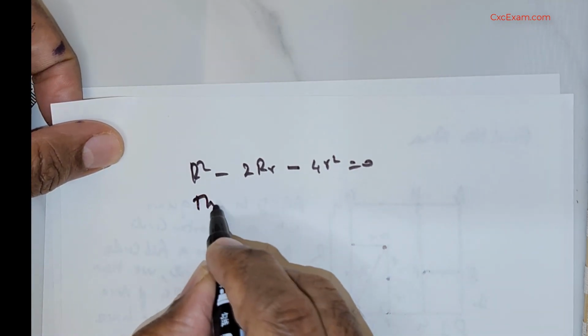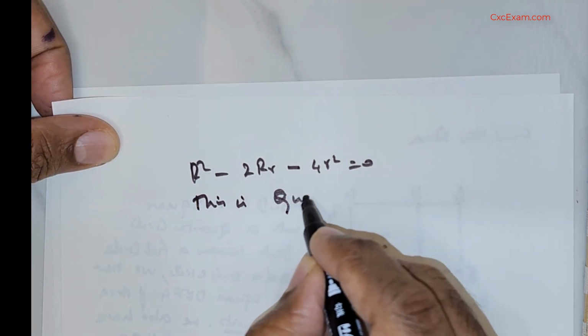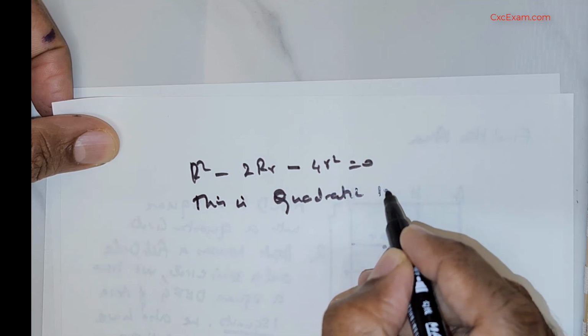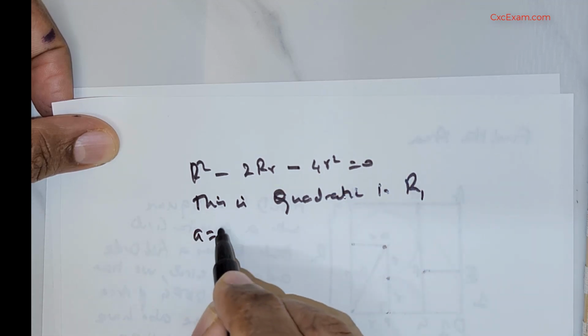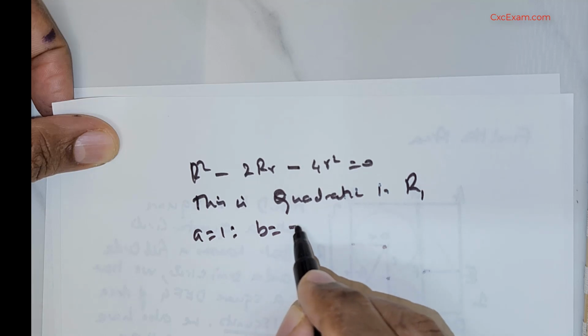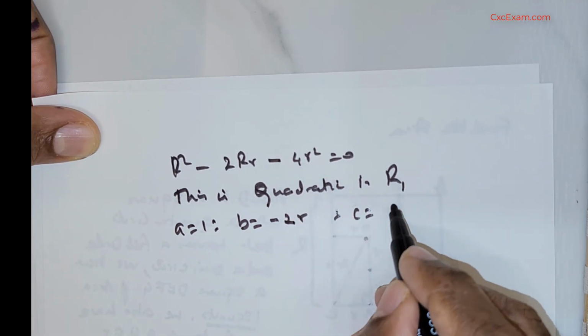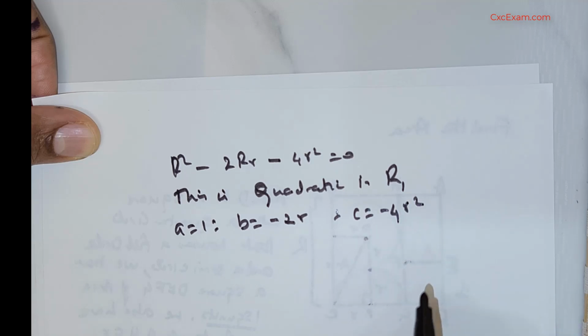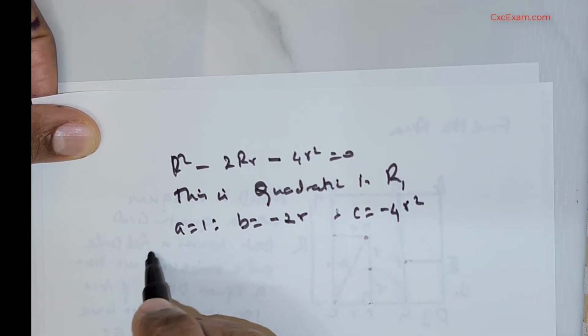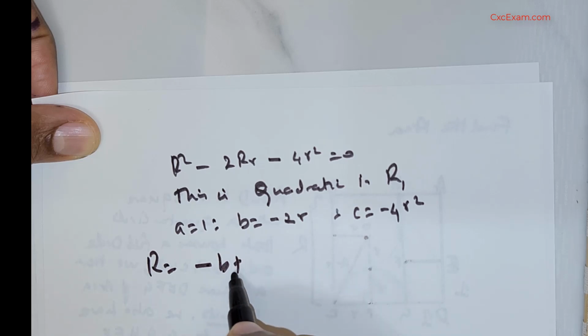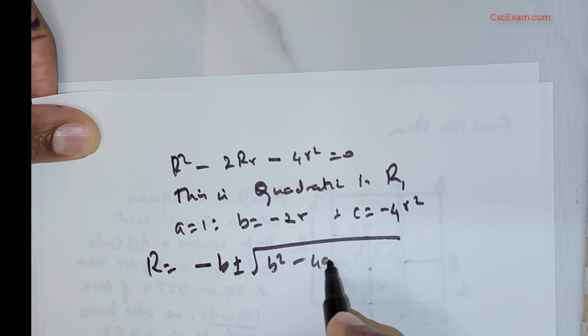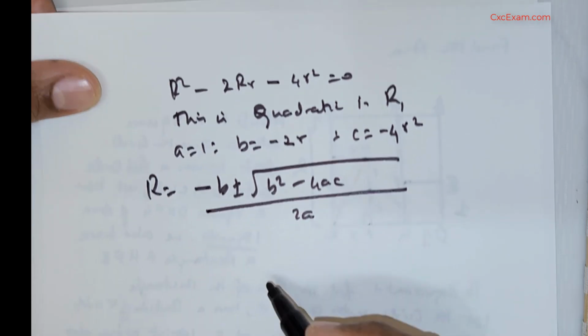So this is a quadratic in capital R. So that means a is equal to 1, b is equal to negative 2 times r, and c is equal to negative 4r squared. So capital R is equal to negative b plus or minus root of b squared minus 4ac divided by 2 times a.